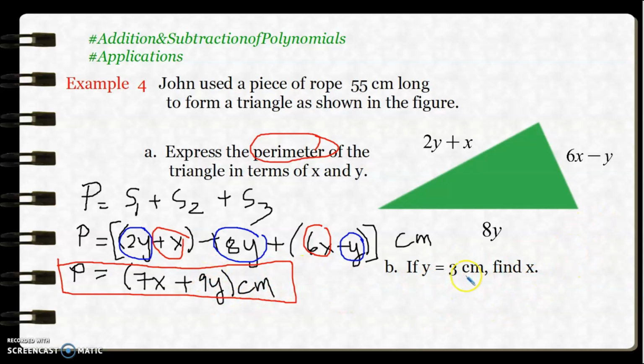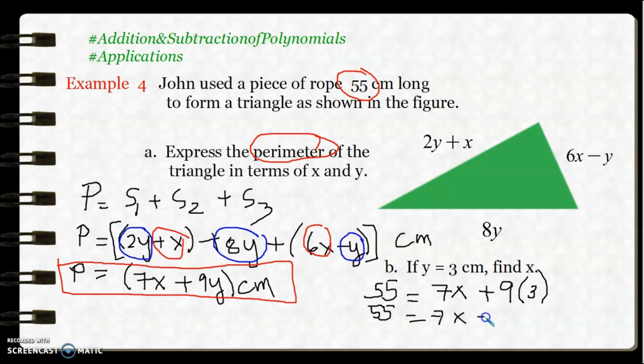And then replace y by 3. Saka yung perimeter niya, ayan, from the start, 55. So, you have 55 equals 7 times x plus 9 times 3. So, we have 55 here equals 7x plus 27.